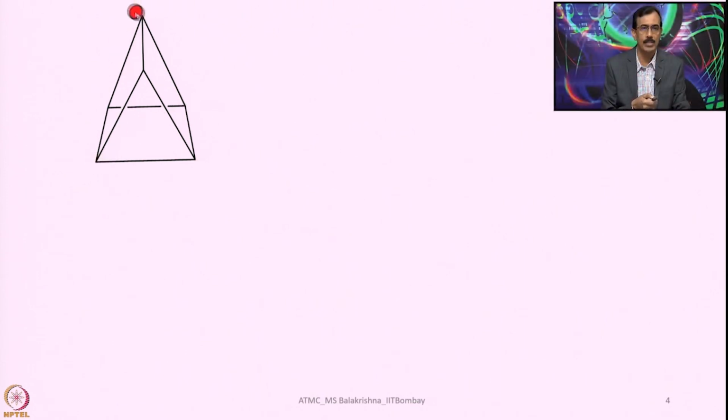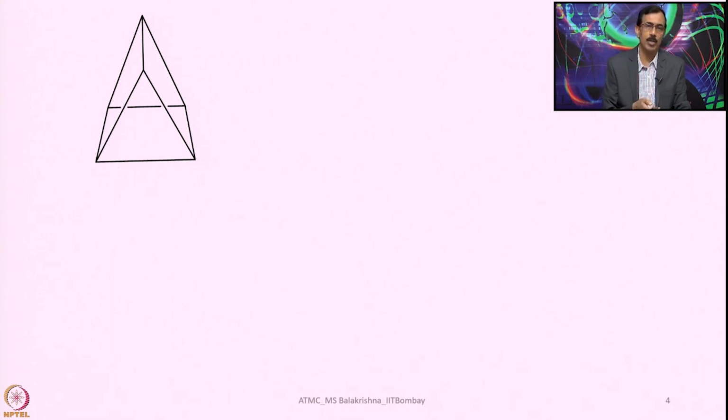Similarly, we can compare this tri-capped trigonal prismatic geometry I mentioned in case of ReH9 2 minus for coordination number 9. You consider this one, you can see here we have 1, 2, 3, 4, 5, 6 vertices, and then on each of the rectangular faces if you put one more vertex and connect it with 4 bonds, then this will be monocapped, and then if you put one more here and connect it with 4 bonds, this will be bicapped trigonal prism, and then if you put one here and make bonds, then this becomes tri-capped trigonal prism.